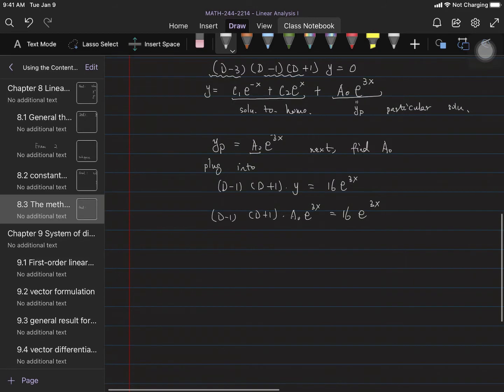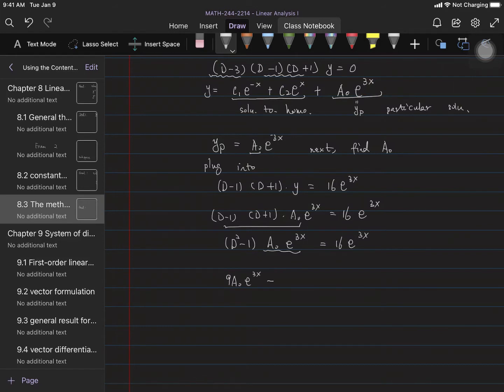Okay, let's simplify the left side a little bit. This one means d squared minus 1. D squared means what? D squared means the second derivative of this function, right? Second derivative of that function should be 9 times a naught e to the 3x.